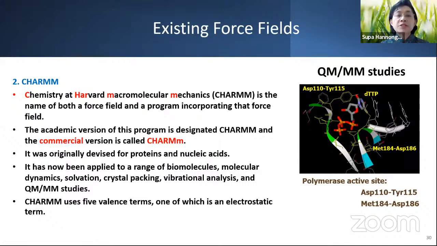For the academic version of this program, it is written CHARMM, with a big double M. But for the commercial version, it is called CHARMm, where the last m is a smaller character, okay? And you can purchase it. It's not expensive, but if you are a commercial company, you have to buy the commercial version, which is quite expensive.